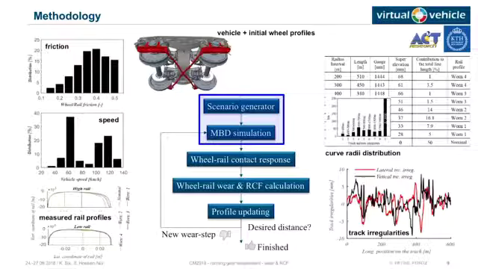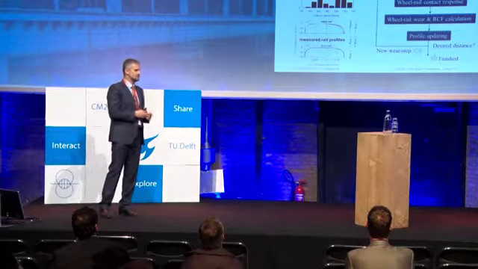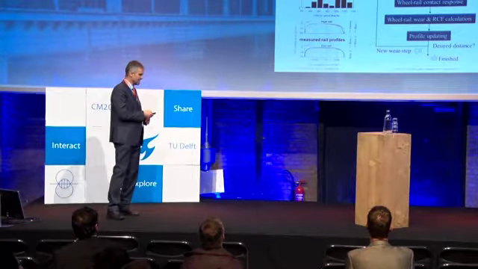They can be from measurements, from tribometers, and so on. We also use distributions for the speeds of the vehicle. We use measured rail profiles dependent on the curve radius we are looking at, and we also use measured track irregularities. So the idea is to reproduce the operation of the vehicle as realistically as possible in the simulation tool.